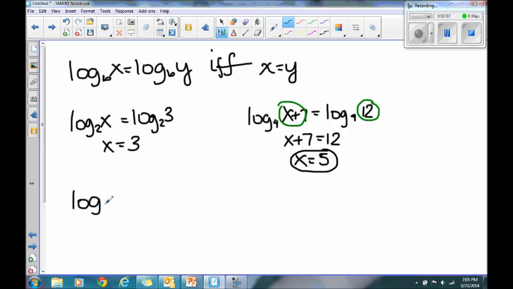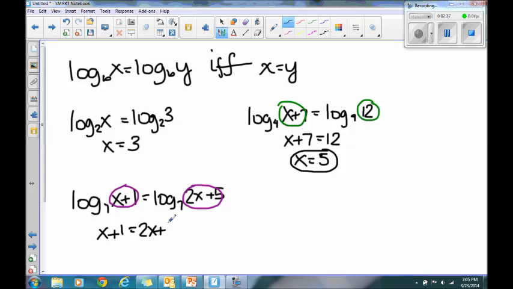Let's say we have log base 7 of x plus 1 equals log base 7 of 2x plus 5. Then we know log of this can only be equal to log of that if this is equal to that, meaning if x plus 1 is equal to 2x plus 5.